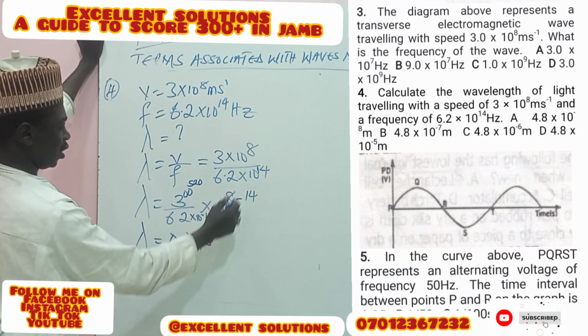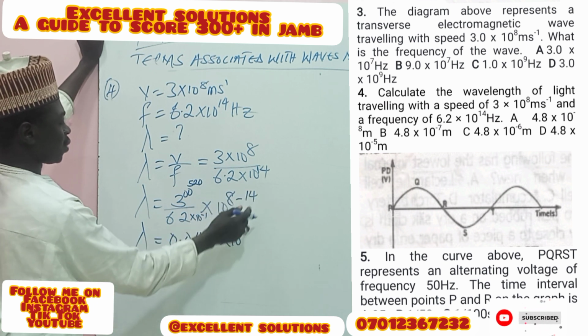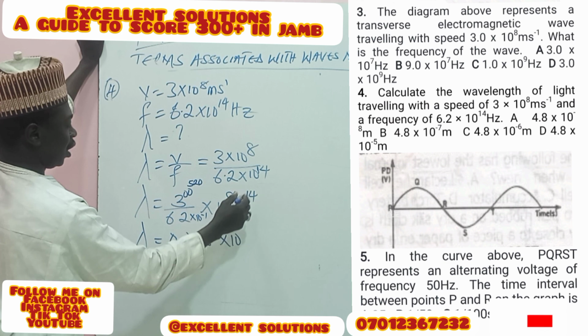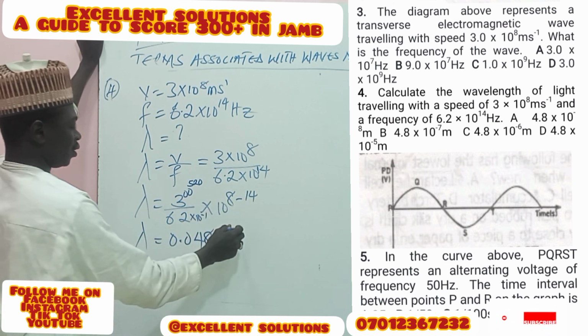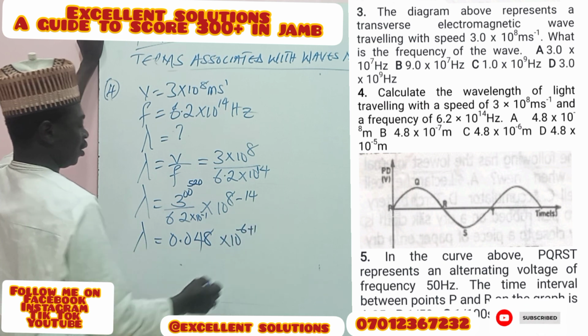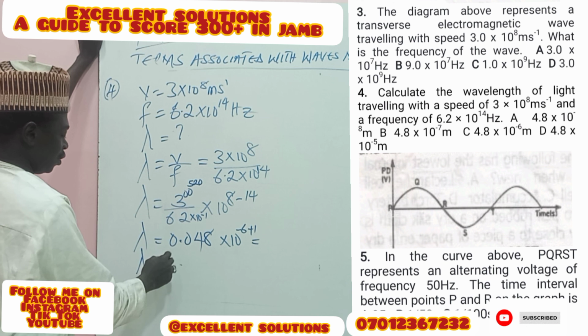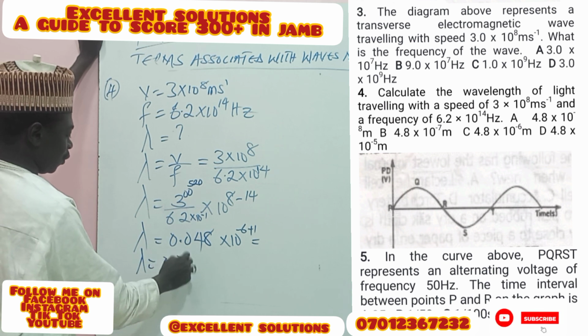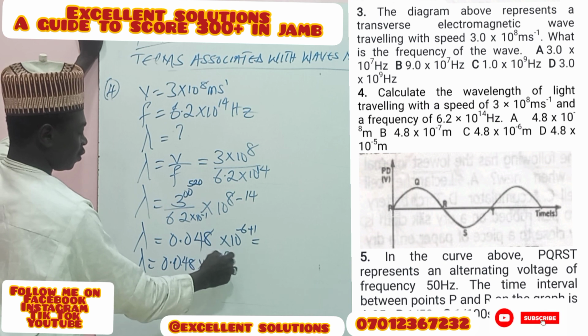And if we look at this exponential, we have times 10 raised to the power of 8 minus 14. We have 8 minus 14, we have minus 6 plus 1. So this now becomes lambda equals 0.048 times 10 raised to the power of minus 5.